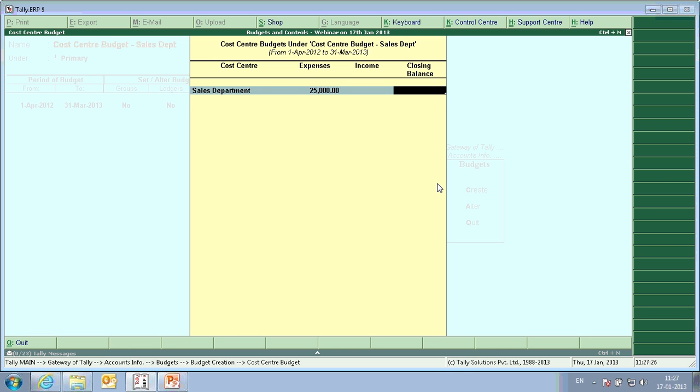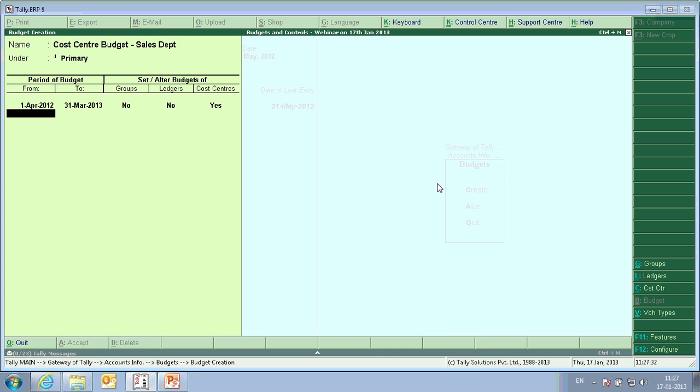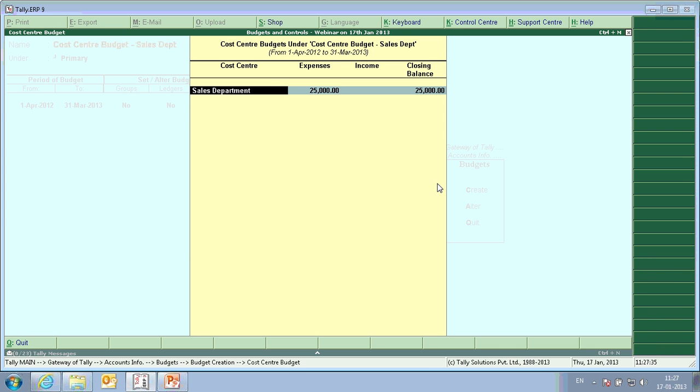I'm giving the details and saving it. So cost center sales department I have selected, expenses 25,000 and closing balances also 25,000. Income I have not given; income also I can give if you want. We can use both also. You can remove this and say total closing balances also. That is also possible. We'll try to experiment here. Okay, I'm saving it.